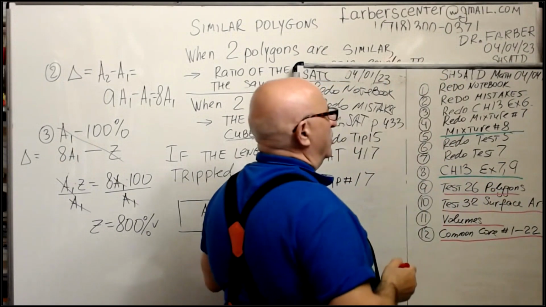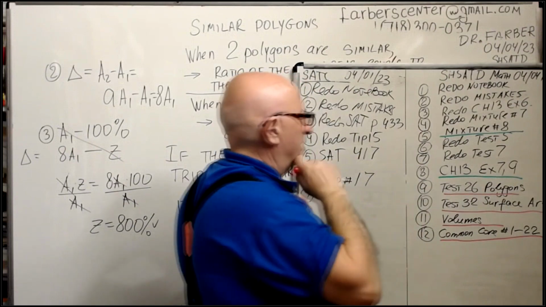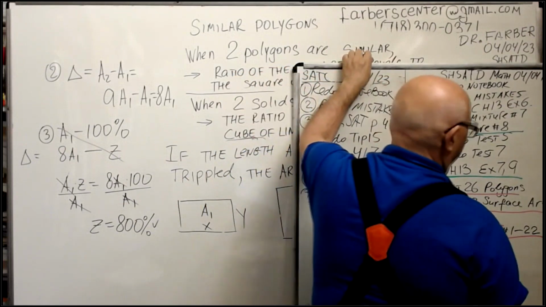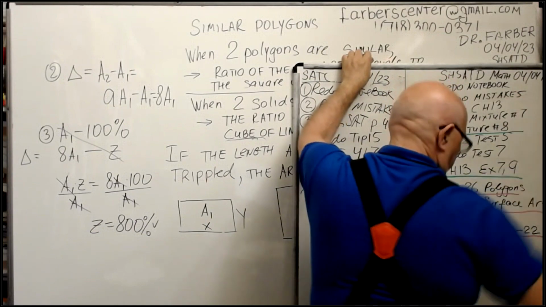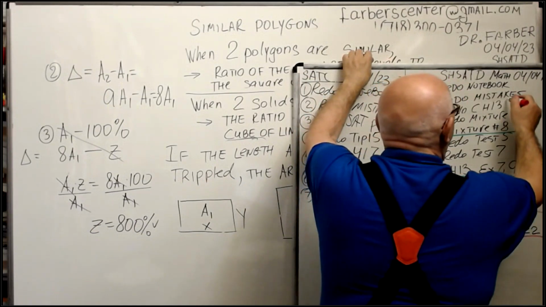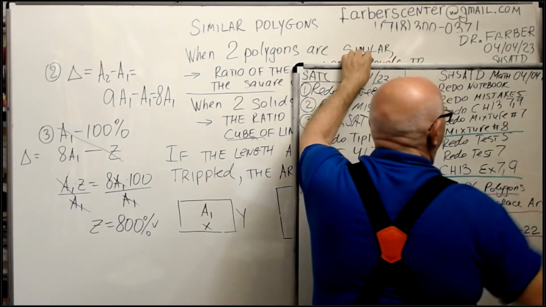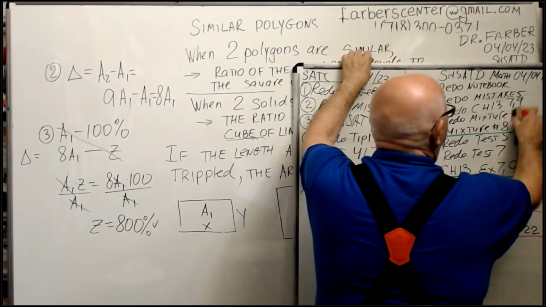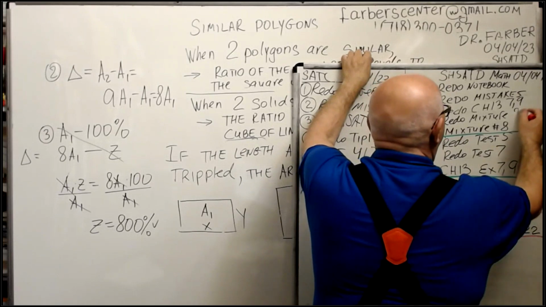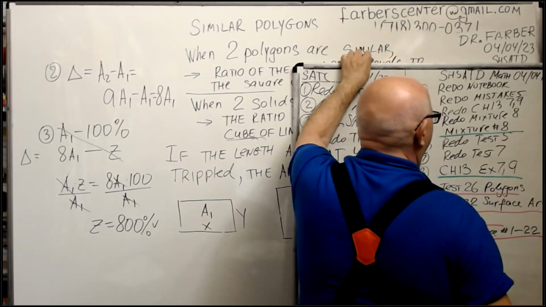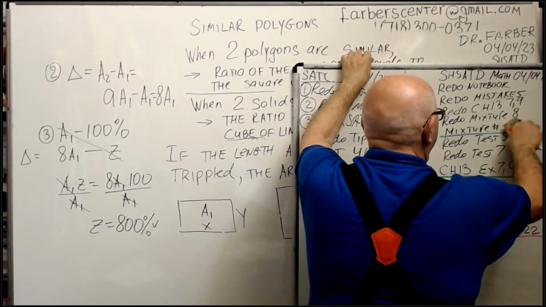Read the notebook, read the mistakes. You know what it is, right? Chapter 13, exercises 7-9. You have to do it from scratch. Mixture number 8, you're supposed to redo. At home, mixture number 9.